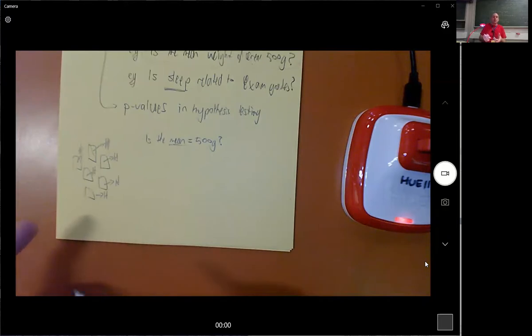It's the cereal boxes that my machines and my factory workers can produce. So yeah, is the mean equal to 500? And there are two answers to that. It either is 500 or it's not. And the one that you choose to be the null hypothesis is the one that goes with being a single number.